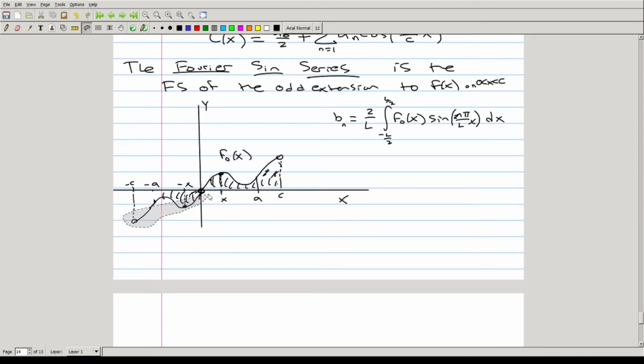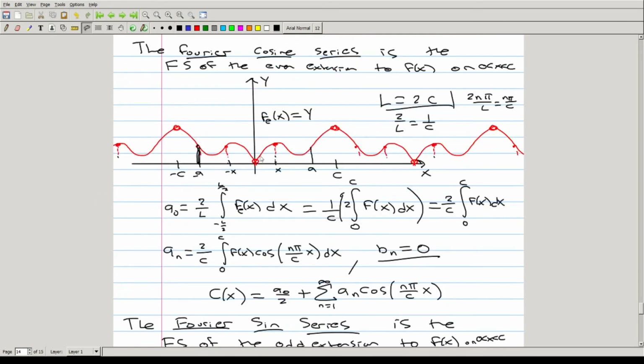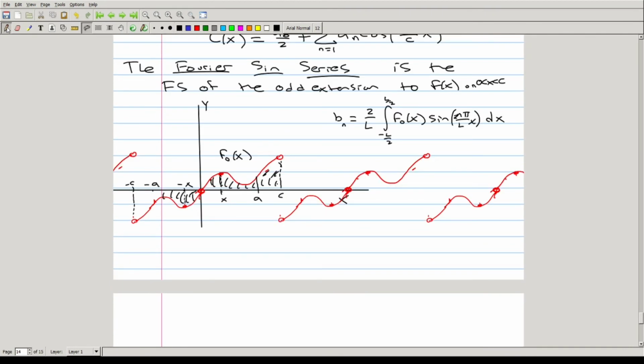So we know that for this function, we expect the Fourier series to converge to this infinitely periodic repeating function, just like the Fourier cosine series, with a period of L equal to 2 times c.